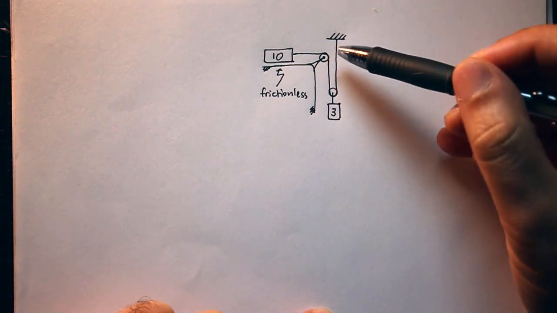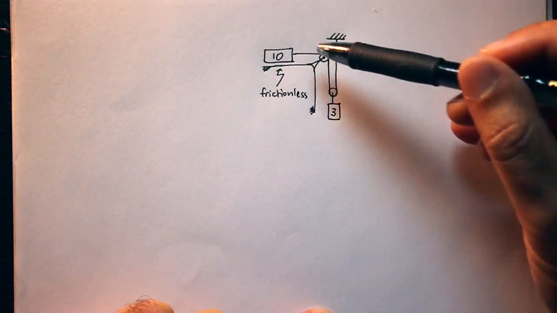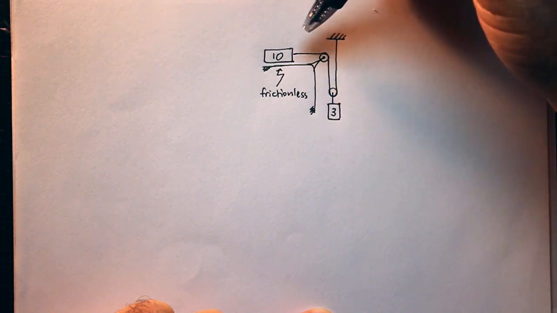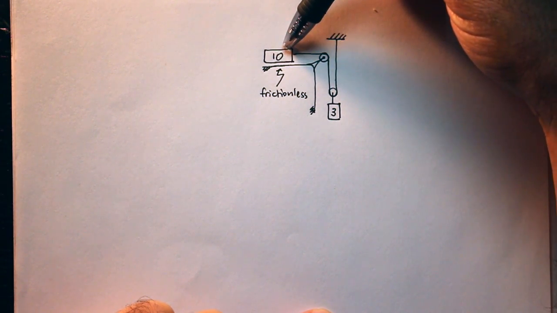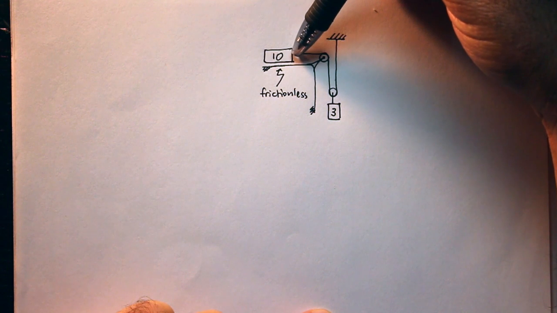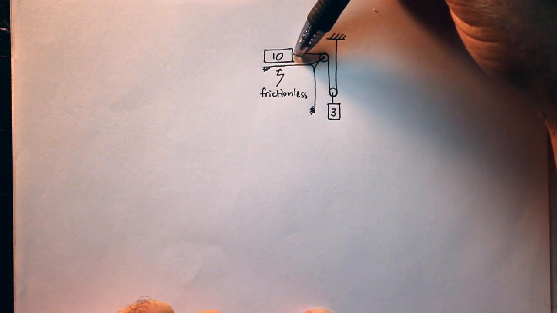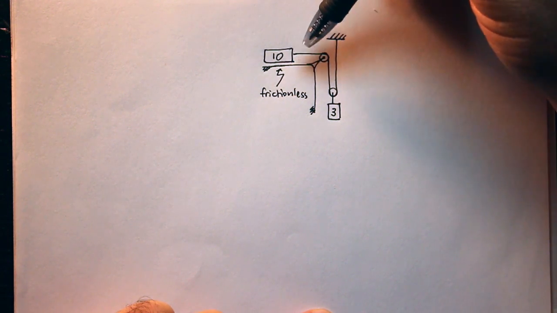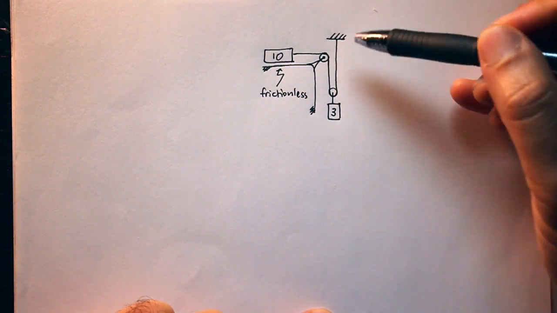There is a hint that's given in this question that says to notice that this 10 kilogram mass, when it moves, let's say it moves a meter in this direction to the right.